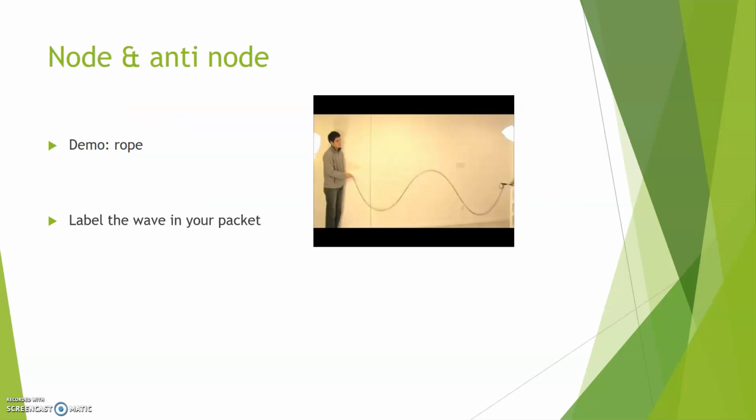Those points that do not move keep repeating, so it would be right here and right here in this picture, where this point will go up, down, this will go down, up, and that up, down. These points that don't move are called your nodes. Nodes mean no movement. Antinodes are where you have your maximum movement. Up, down, up, down, up, down.